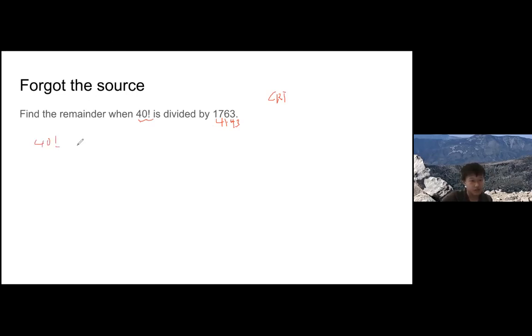So let's split the problem into 40 factorial mod 41 and 40 factorial mod 43. Now, what's 40 factorial mod 41? Who remembers Wilson's theorem? Does anyone have Wilson's theorem written down?